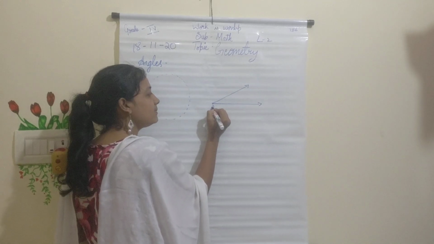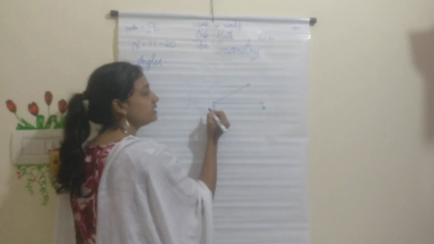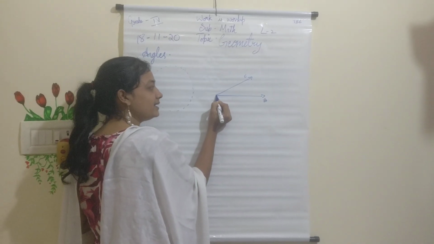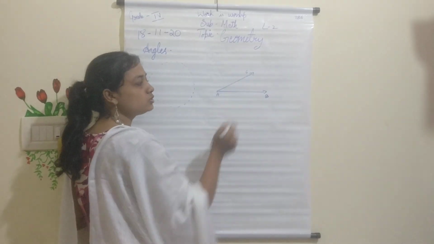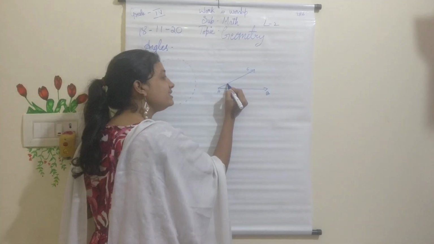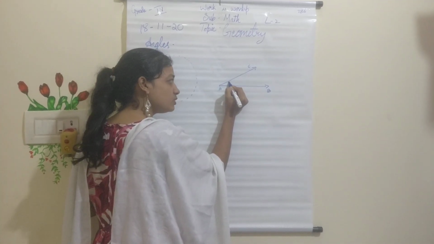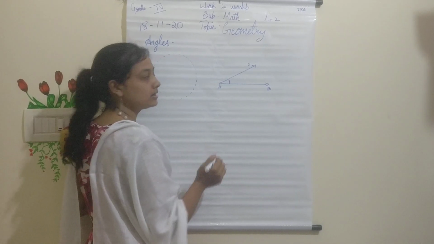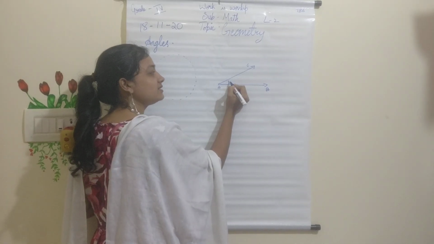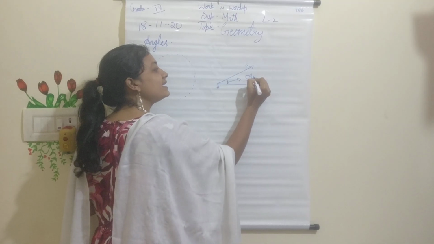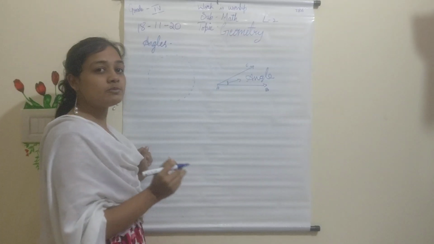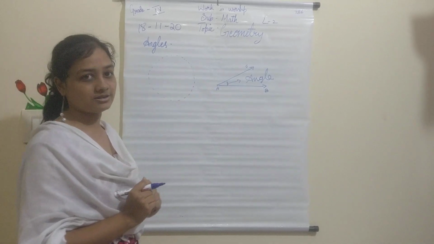Let me name them A, B and A, C. Both meet at A. So, these are two rays. And the distance between these two rays is called an angle. So, in this video, we will be learning about these angles.